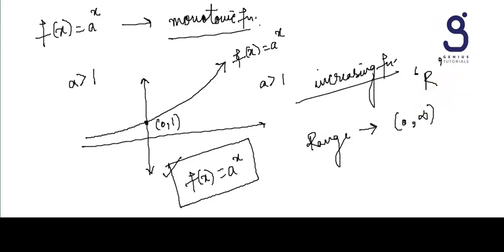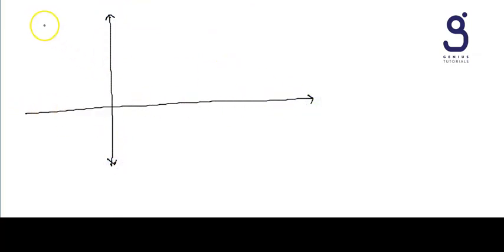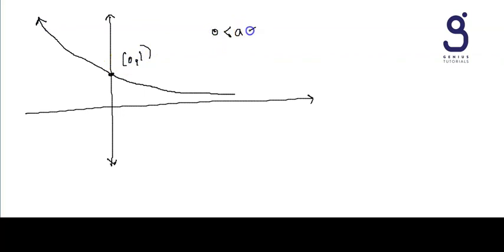Same way, if I draw a graph for an exponential function where the base is not greater than 1, in fact where the base lies between 0 and 1, although it passes through the same point (0, 1), what does it represent? Although it is monotonic again, this function f(x) is a decreasing function here.